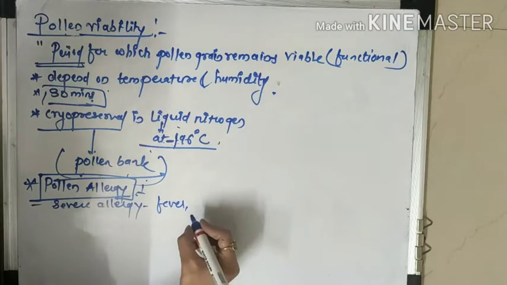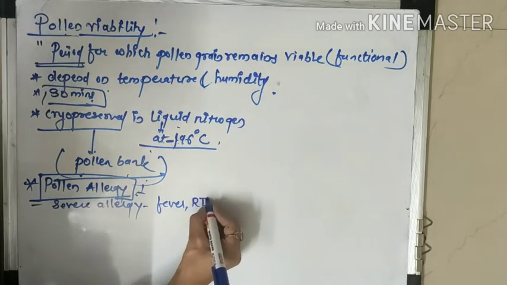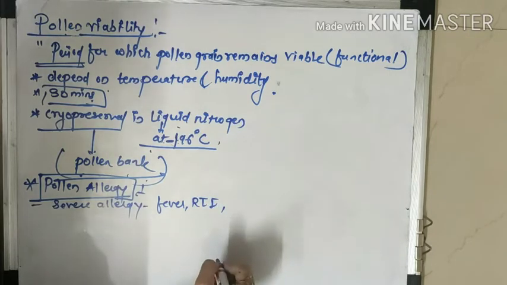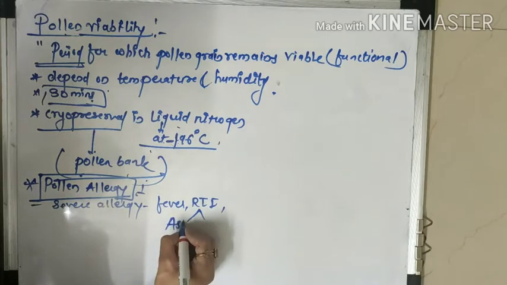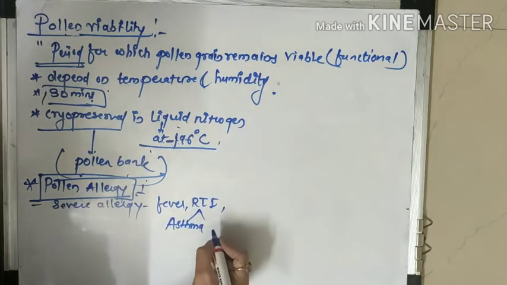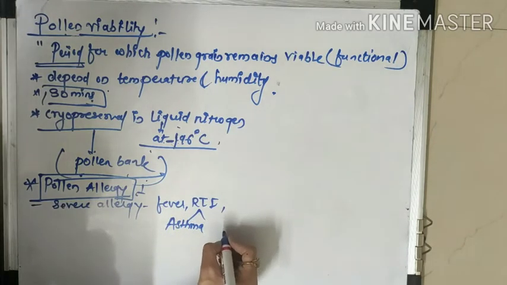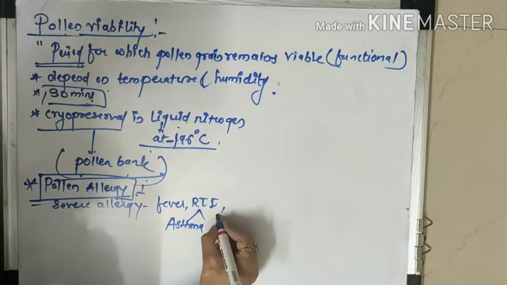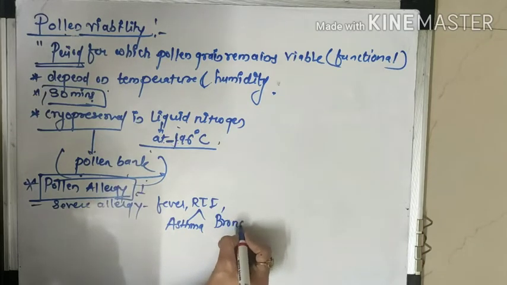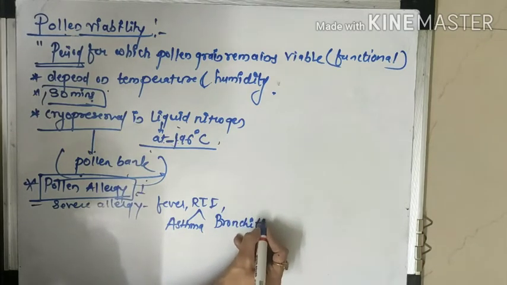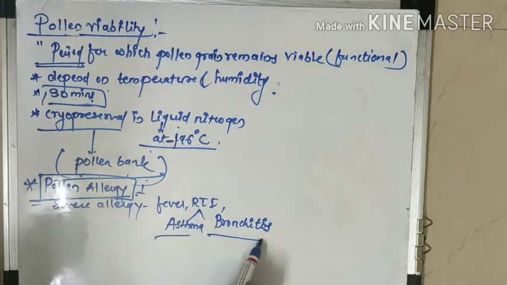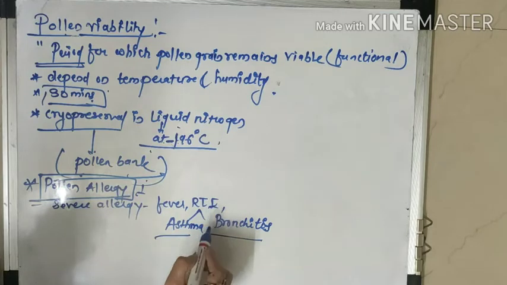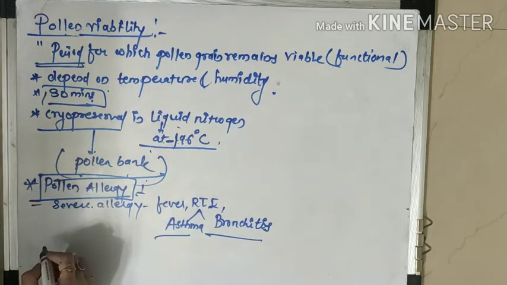Not only fever, it also causes respiratory tract infections, like asthma. Another respiratory tract infection is bronchitis. Okay, these are a few diseases, respiratory tract infections, caused by pollen grain.